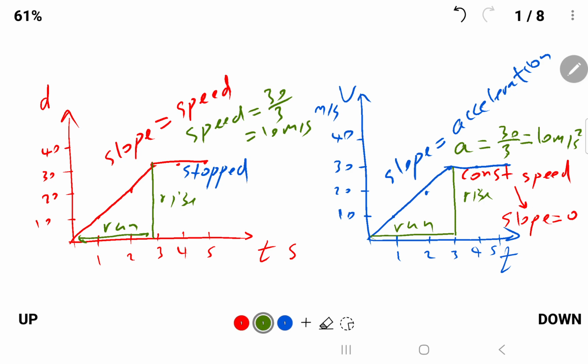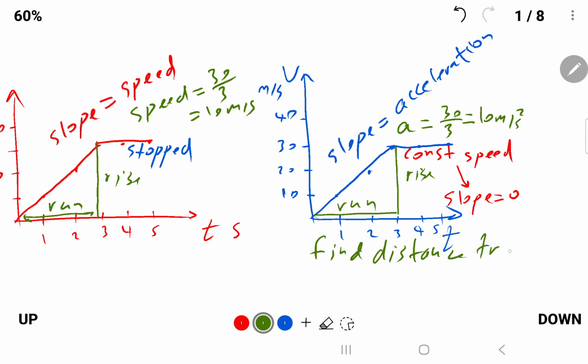Also in a velocity time graph, we can ask you about the distance traveled. So here, if I say to you, find the distance traveled in, let's say, the first 3 seconds, in this case we have to find the area under the graph.